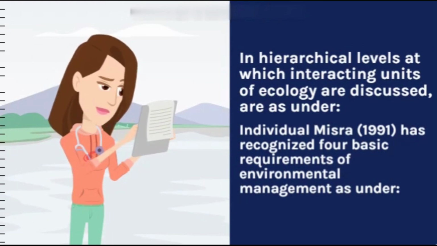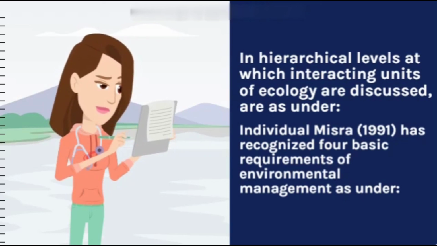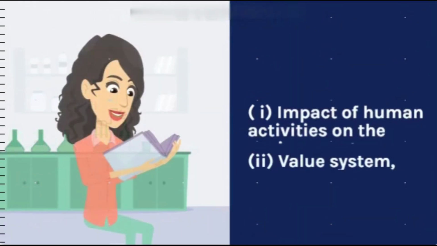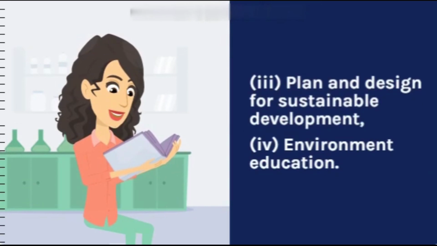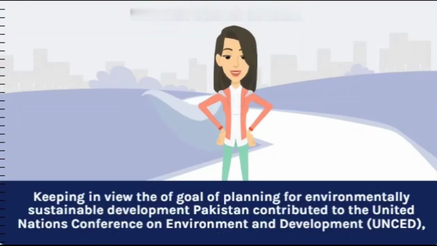Individual. Misra, 1991, has recognized 4 basic requirements of environmental management as under. 1. Impact of human activities on the environment. 2. Value system. 3. Plan and design for sustainable development. 4. Environment education. Keeping in view the goal of planning for environmentally sustainable development, Pakistan contributed to the United Nations Conference on Environment and Development, UNCED.